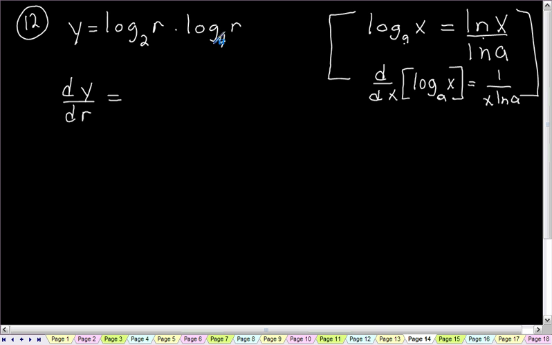I'm going to change it to natural log on the fly. This natural log first times the derivative of the second. The derivative of this we found to be based on this equation, it's 1 over r ln of 4.